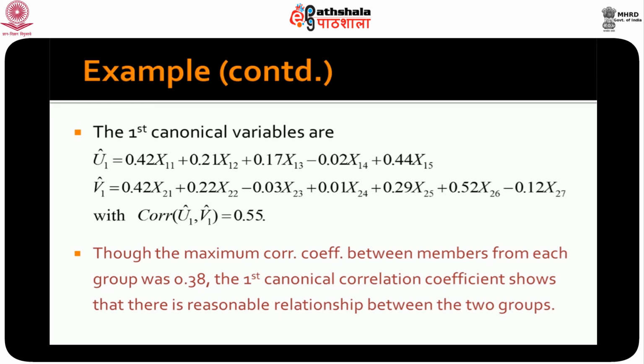So the first 5 are from the first set and the last 7 are from the second set. And the sample canonical correlation comes out to be 0.55.